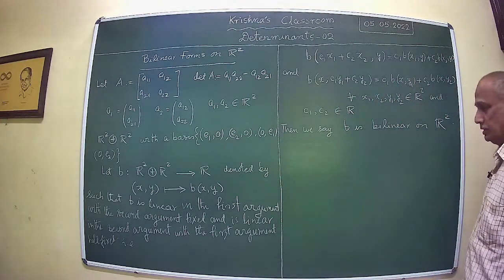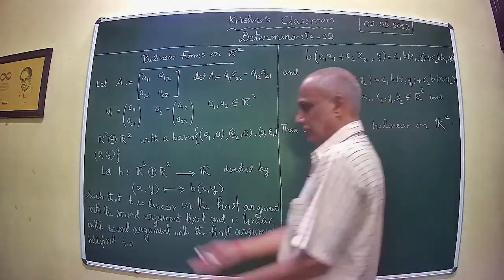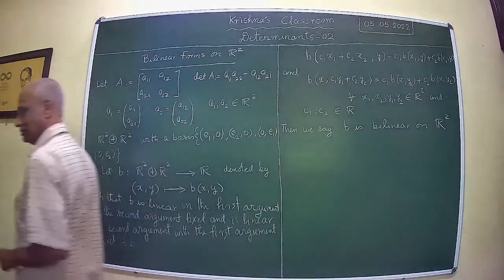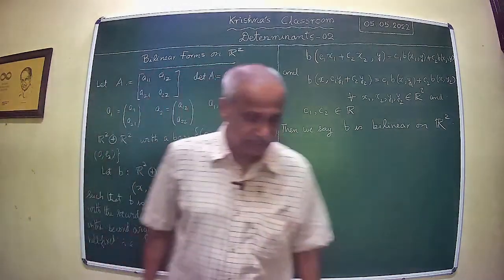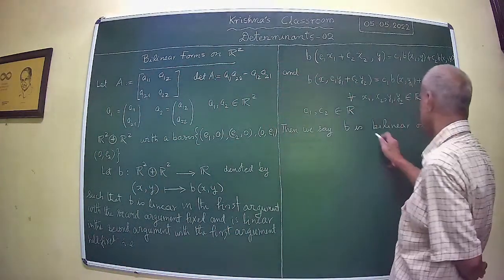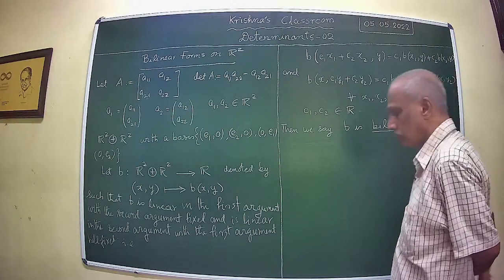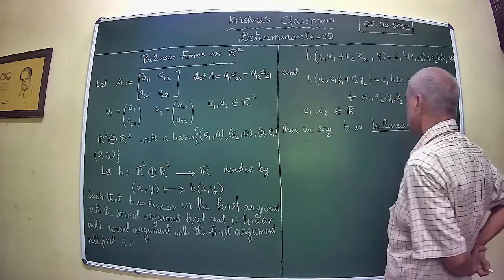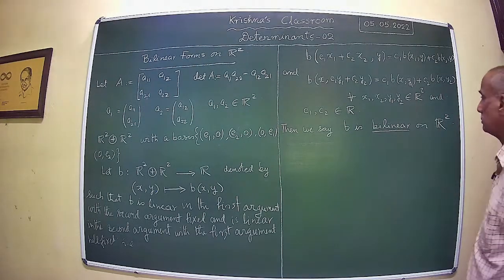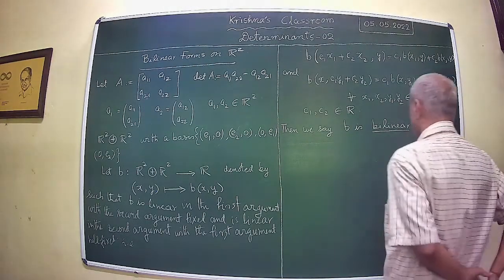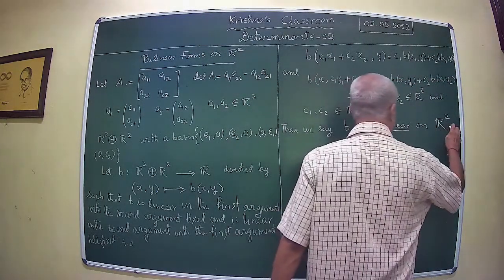That's a definition that you have. So you can easily generalize it. We will look at the generalization when we come to that. But for the time being, we use this, and we can talk about multilinear forms or a bilinear form.